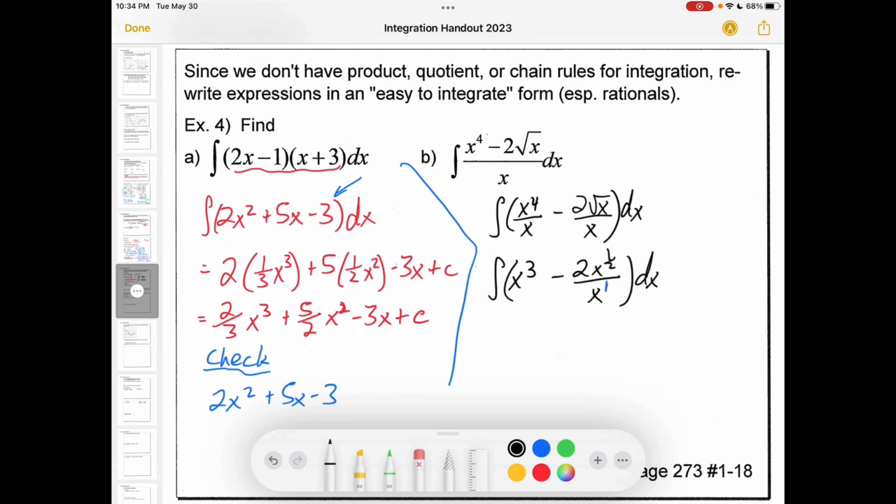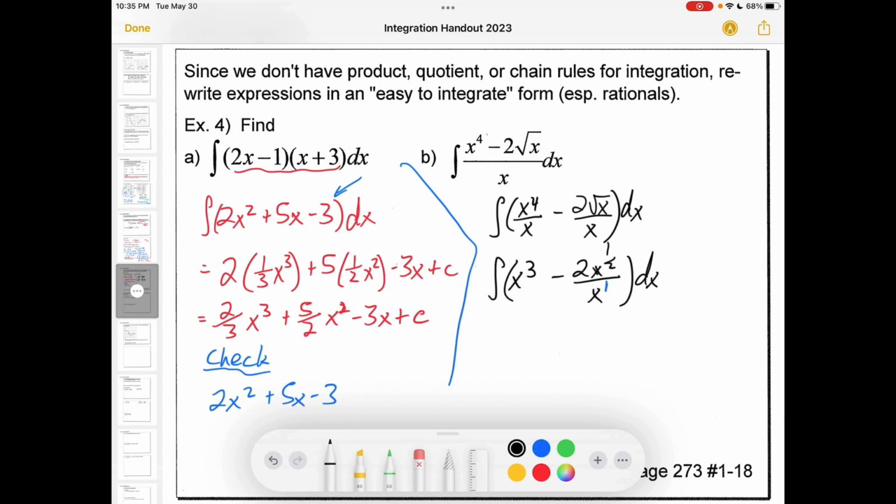When we have powers over powers, let's think of that. x to the 7 over x to the 2. Everybody simplifies that correctly as x to the 5. You just subtract your powers. What if it was x to the 2 over x to the 7? You'd do the same thing. It'd be x to the 2 minus 7, or x to the negative 5. So same thing here. If we have x to the half over x to the 1, we'll just subtract these two powers.